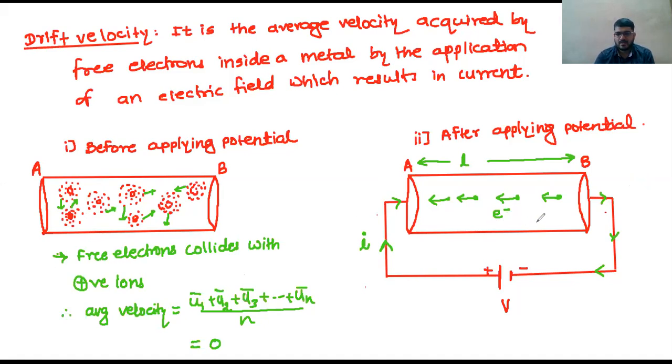And the drift velocity is on this side. This is the drift velocity direction. So the electric field, current and current density are on this side.